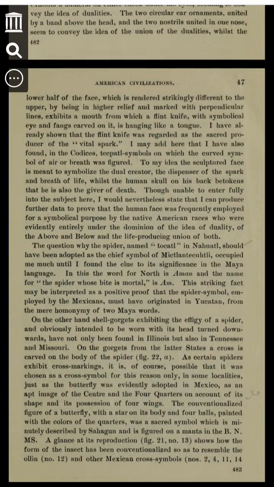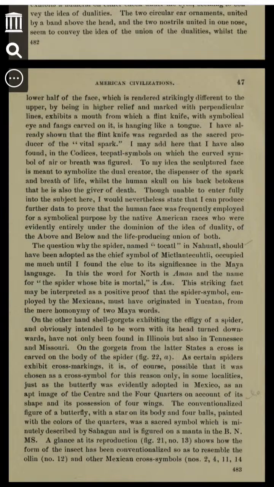As certain spiders exhibit cross markings, it is of course possible that it was chosen as a cross symbol for this reason only in some localities, just as a butterfly was evidently adopted in Mexico as an apt image of the center and the four quarters on account of its shape and its possession of four wings.